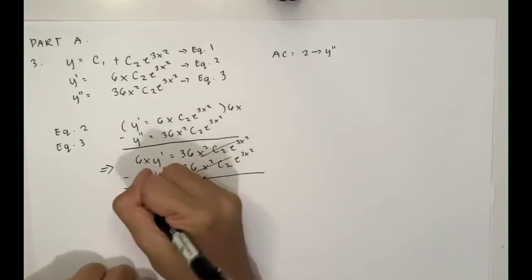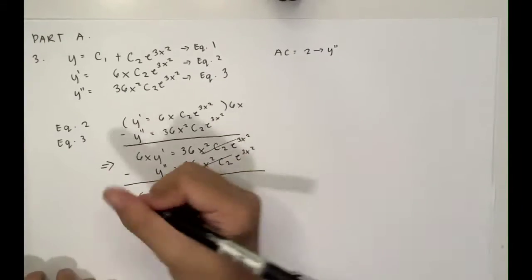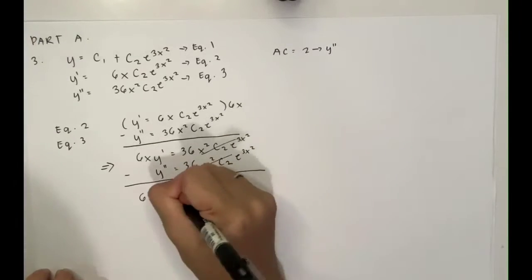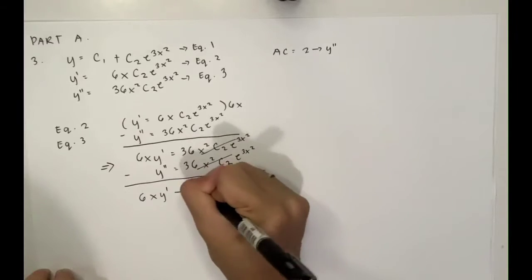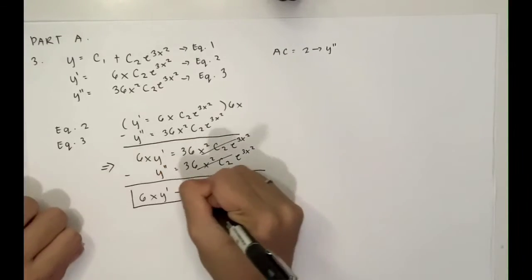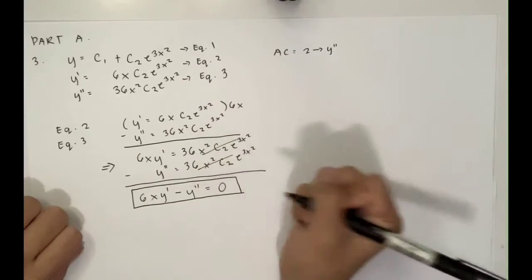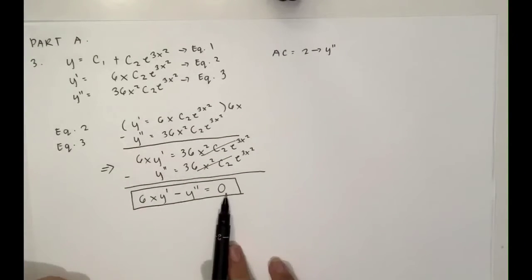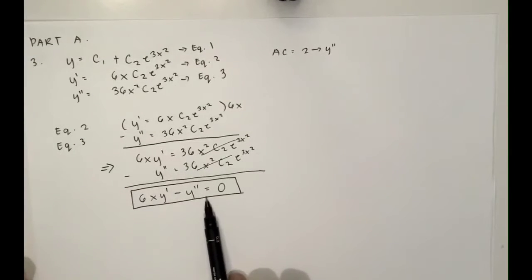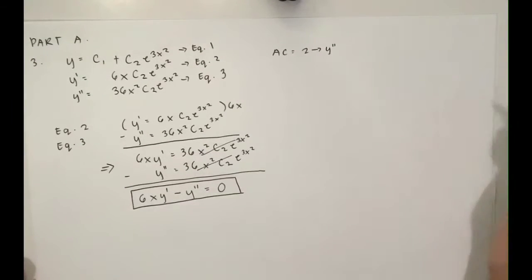So, we will have 6x y prime minus y double prime is equal to, so cancel, 0 na yan. And that's our final answer, since wala nang arbitrary constant na makikita sa function. So that's our final answer for problem number 3.